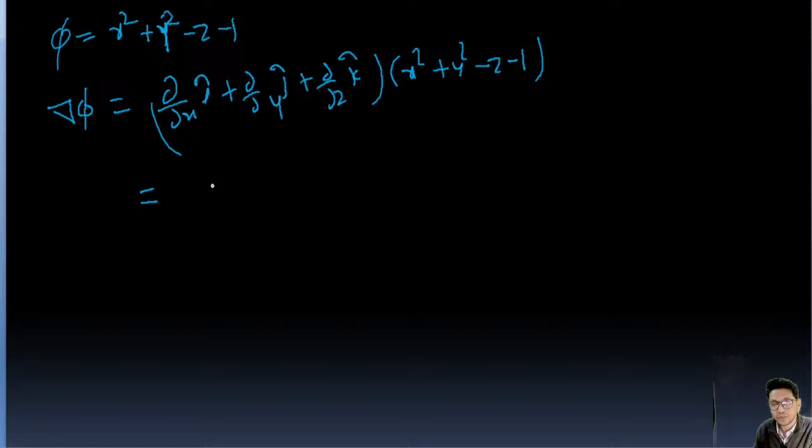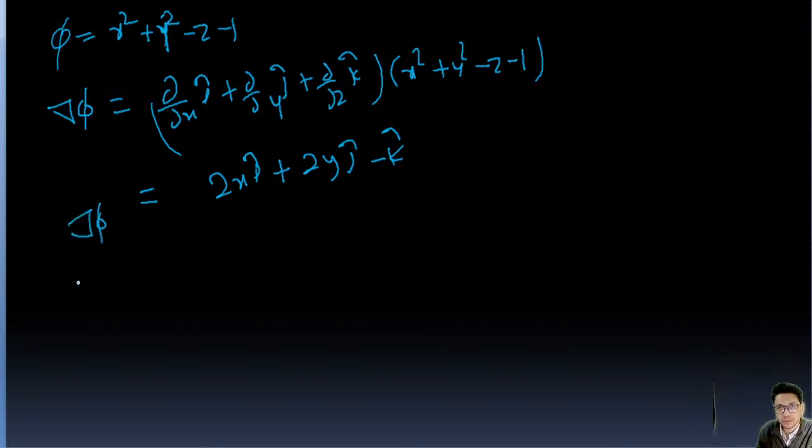So this is going to be 2x i cap plus 2y j cap minus k cap. Okay, this is the one. So now we'll find the gradient of phi at (1, 1, 1).